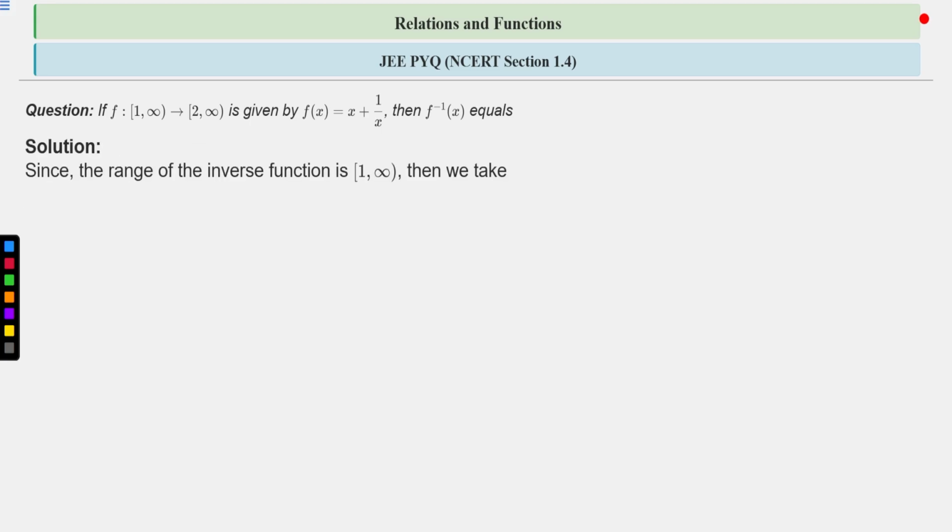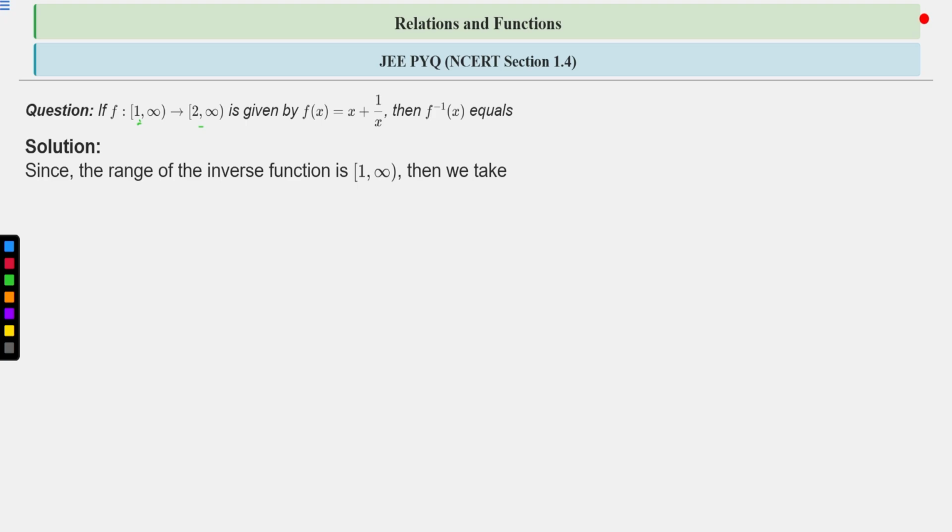Now, the domain of f(x) was 1 to infinity and the range was 2 to infinity. When we calculate the inverse of a function, the domain and range are swapped. So now the domain will be equal to the old range and the range becomes the old domain.